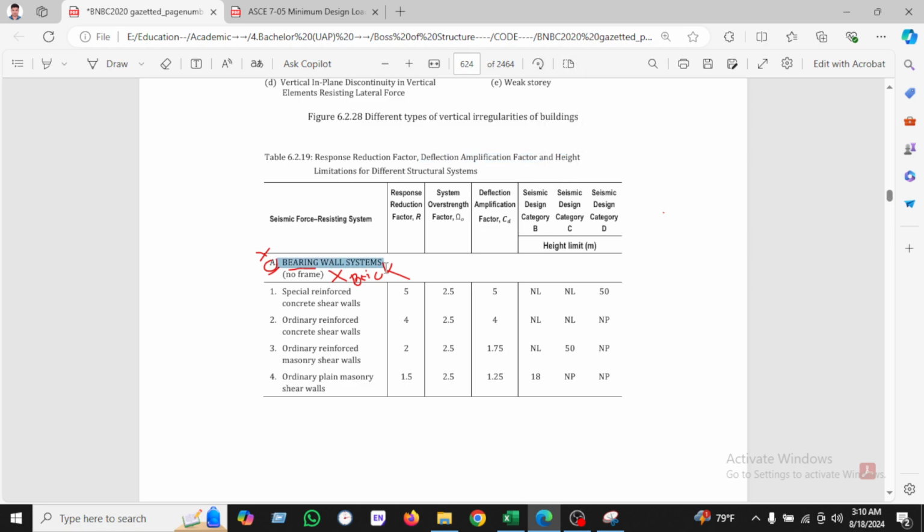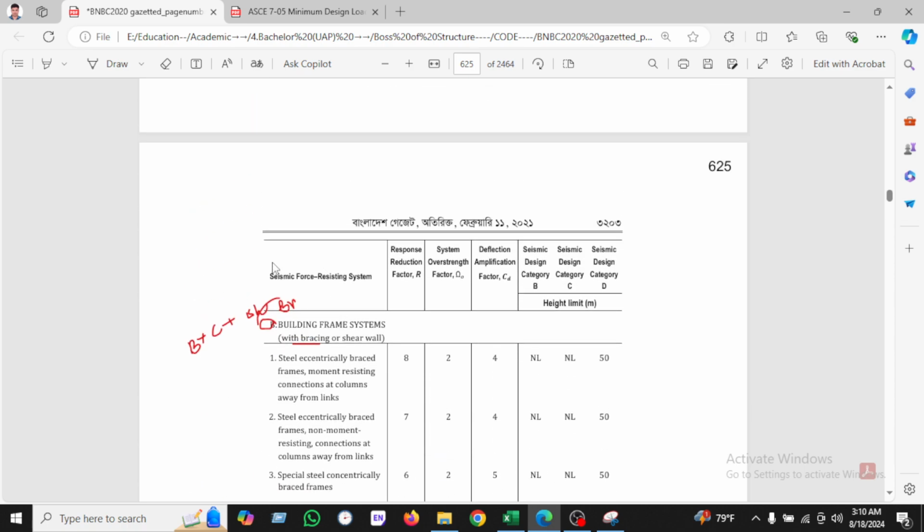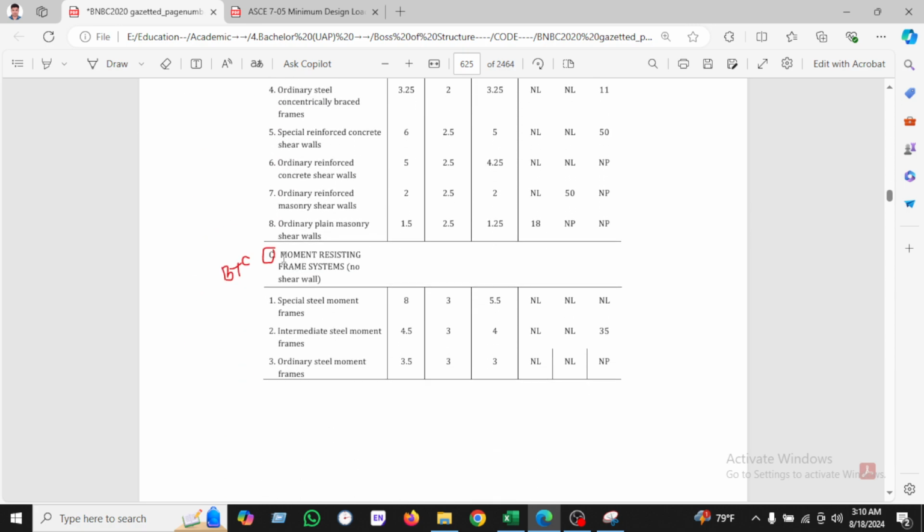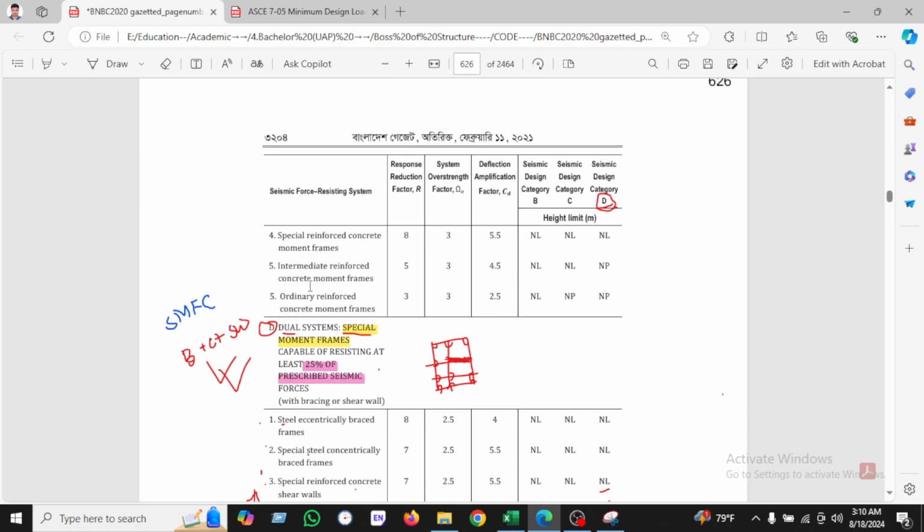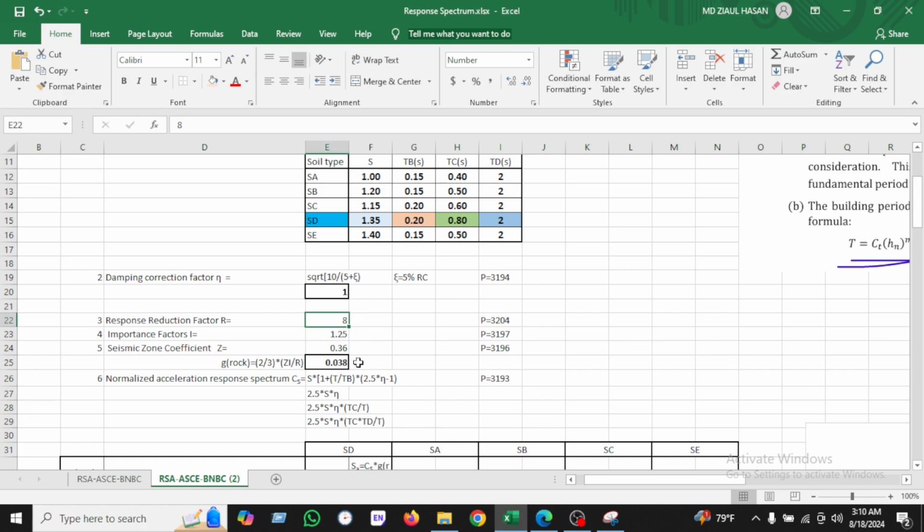At first, the bearing wall system, so there is none, and another is the building frame system with bracing. Not that one. The moment resisting frame system, no shear wall, we will use this. So our seismic force resisting system is the reinforced concrete moment frame. So that's why our response reduction factor is 8. So we are taking 8.